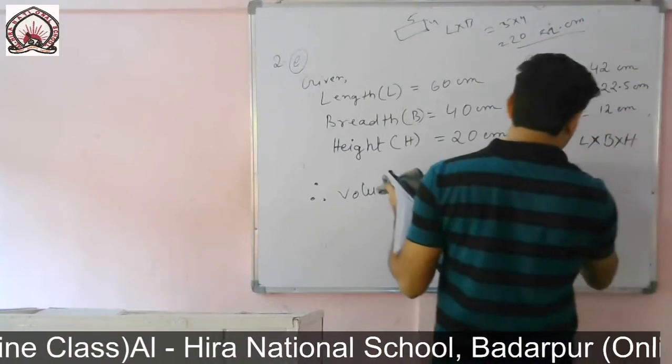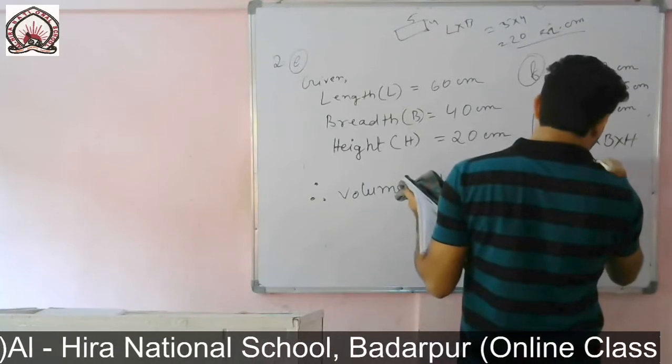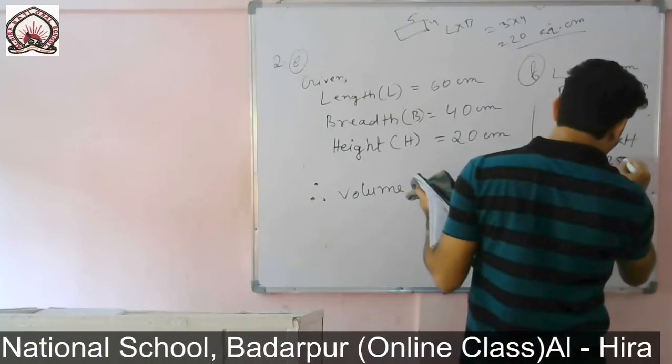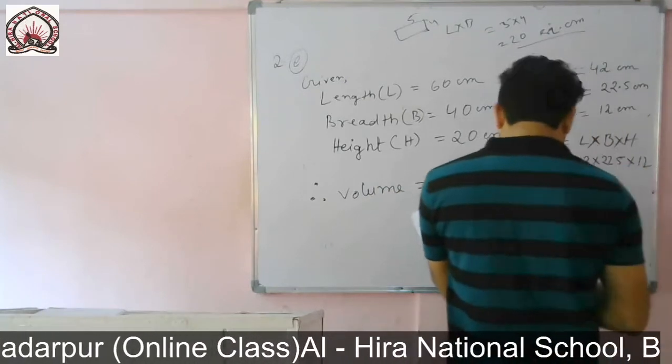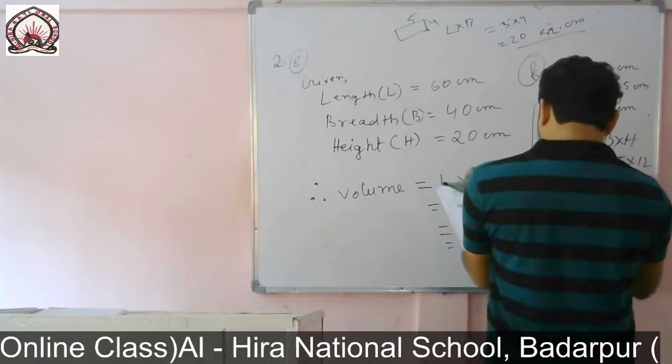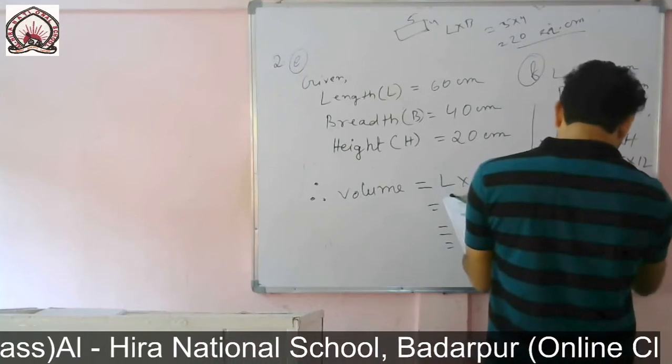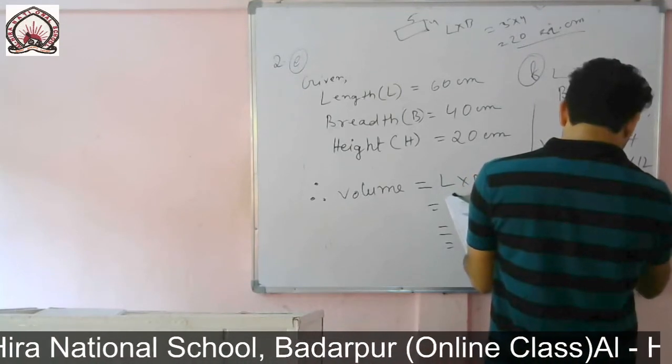So length 42 into 22.5 into 12. If you multiply 42 into 22.5, you get 945, into 12.